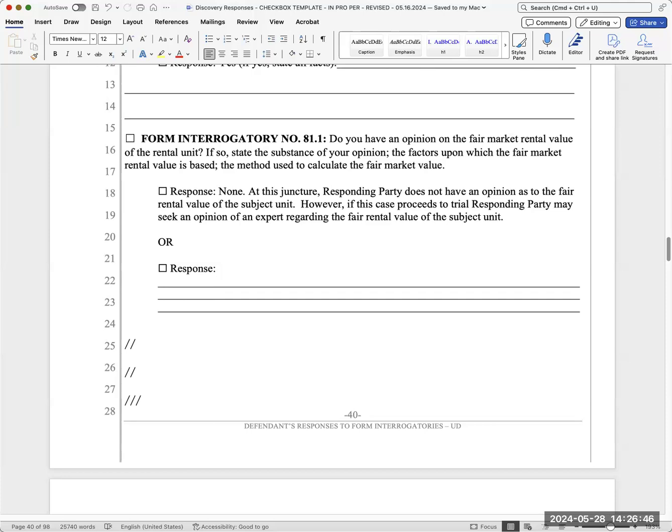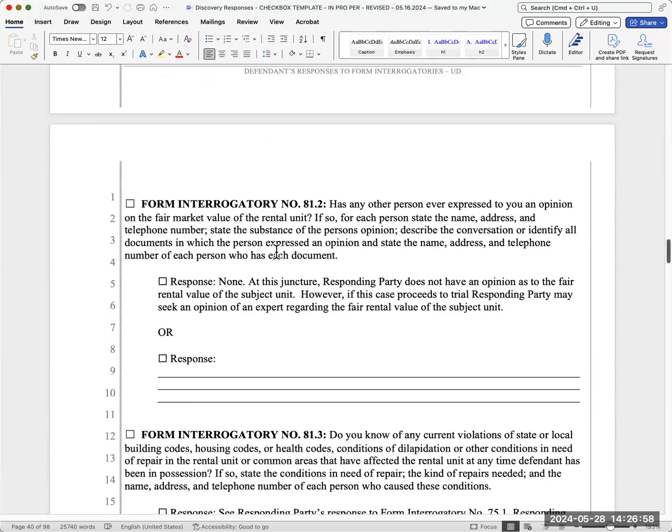Most tenants are not experts on fair market value, so you should consider this response, but if you have some other response, you put that there. And this asks, has any other person expressed an opinion about the fair market value? If that's not the case, you check here. If there is a person who has, that's an expert, check here and explain.